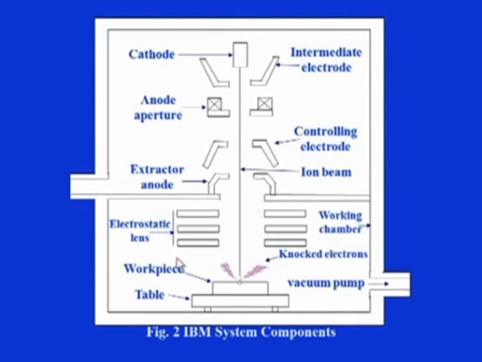There will be again electrostatic lens systems, which will guide or control the beam of these ions onto the workpiece. During the passage of these electrons from the cathode towards the anode, they interact with argon atoms in the plasma source to produce the argon ions.